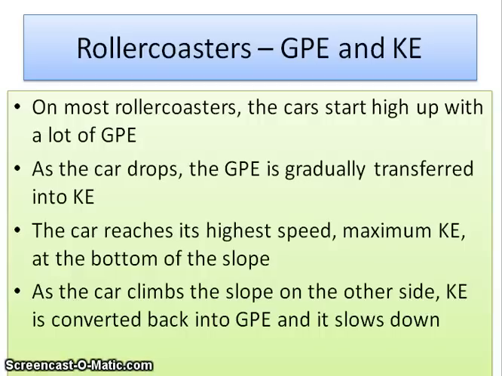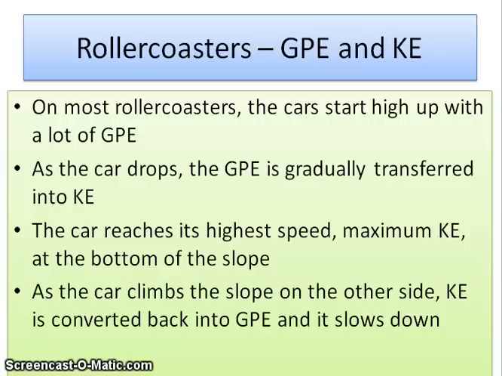So we need to have a look at how this works in terms of roller coasters. A ride on a roller coaster is exciting because it is designed to provide large changes in kinetic energy. The changes in speed provide the thrilling ride. All roller coasters convert gravitational potential energy into kinetic energy, and the track has some large drops.